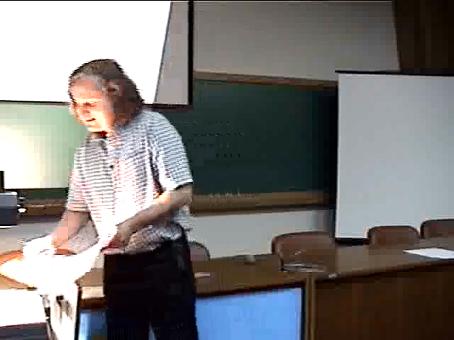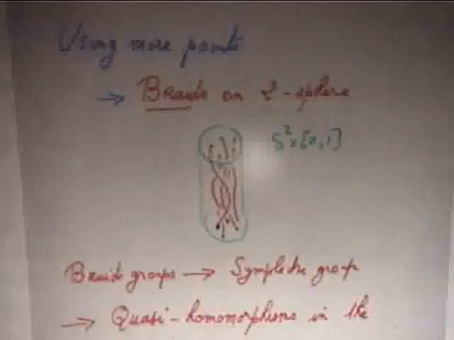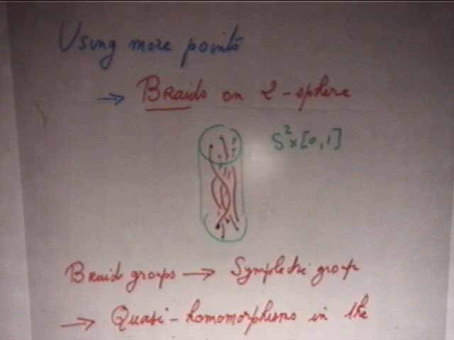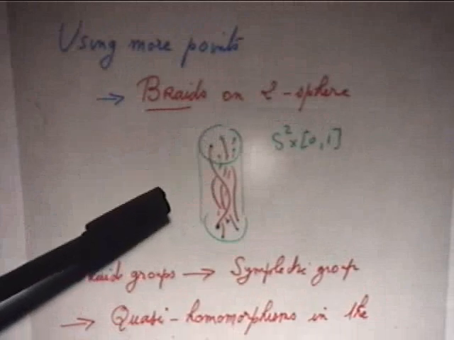In order to finish, let me say that one can be a little bit more sophisticated, and instead of using 4 points, one could try to use n points. And instead of looking at the motion of 4 points on the sphere, you could take a dozen points or n points. And when they move on the sphere, instead of creating just a cross ratio, they create a braid, which is a topological object that people from topology like.